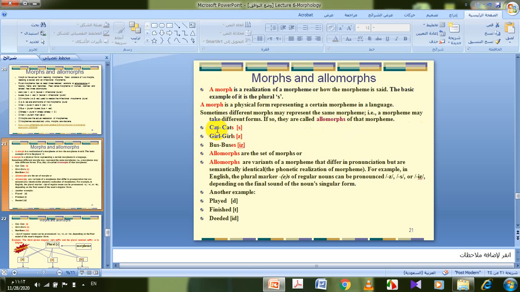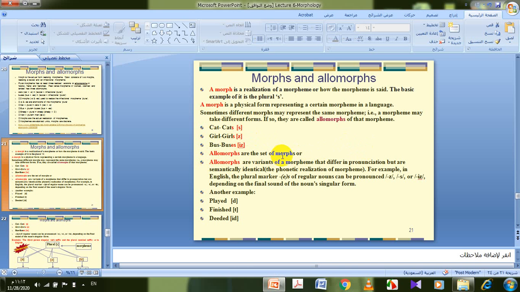Like this: cat, cats; girl, girls; bus, buses. We have S, Z, and is. The three morphs here are called allomorphs of the same morpheme. Allomorphs are the set of morphs.